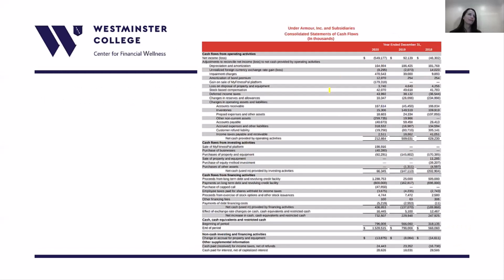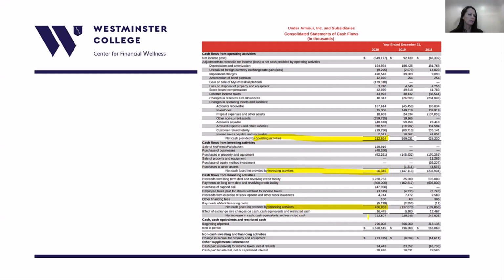Again, showing you an official financial statement from Under Armour. It's a busy financial statement, but let's just look at the basics. Here is our cash flow from operating. Here is our cash flow from investing. Here's our cash flow from financing. So the three basic areas that we have.